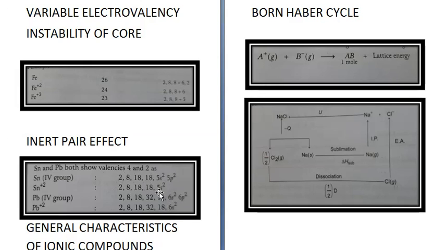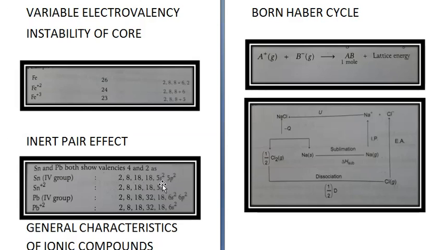Like tin, which is in group 4. It has electronic configuration 2, 8, 18, 18. Outermost 5s2 and 5p2. Now there can be a condition in which all 4 electrons of the fifth shell take part in bond formation.